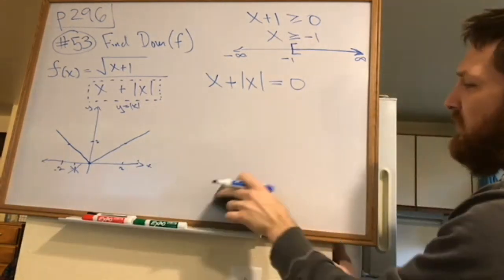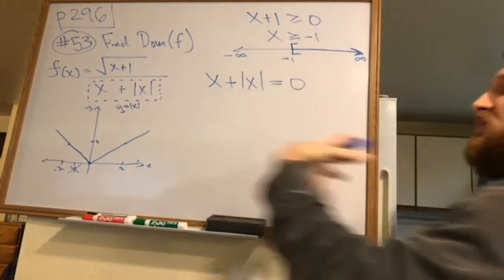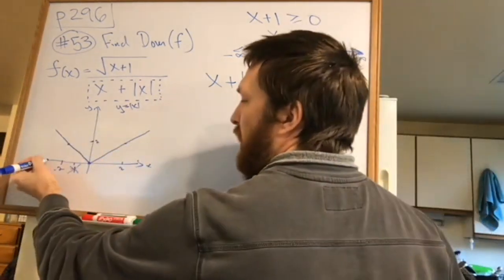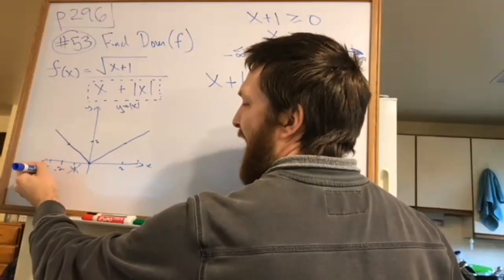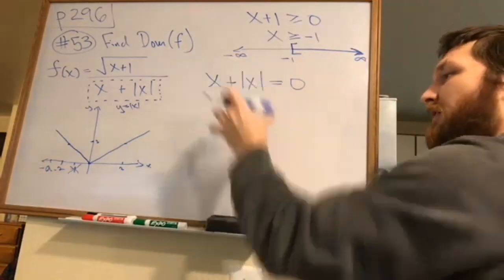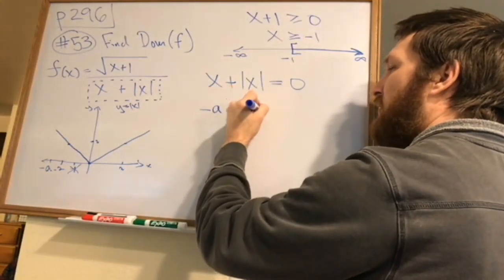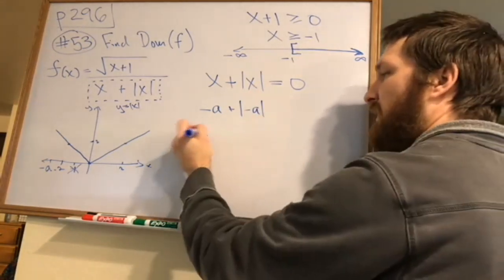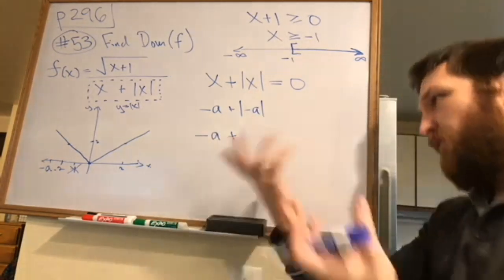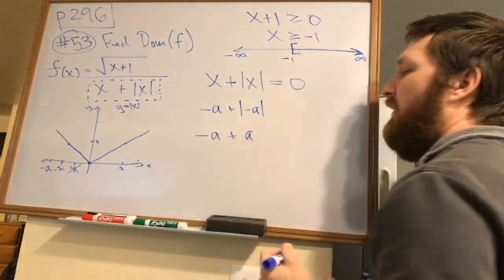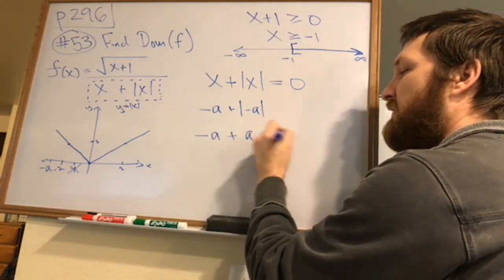Let's just, to really drive the point home, take a general negative number. Let's call it -a. If I plugged it in right there, I would have -a plus absolute value of -a. That gives me -a plus a, because the absolute value of a negative is a positive. That does equal 0.